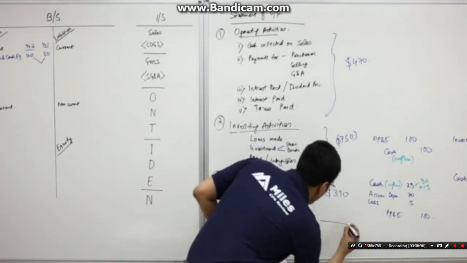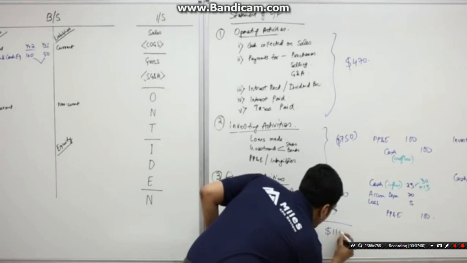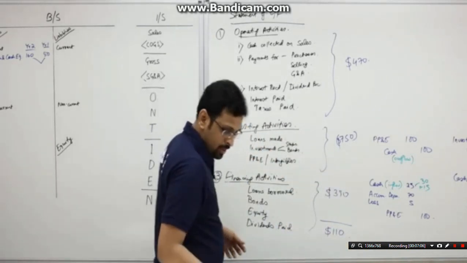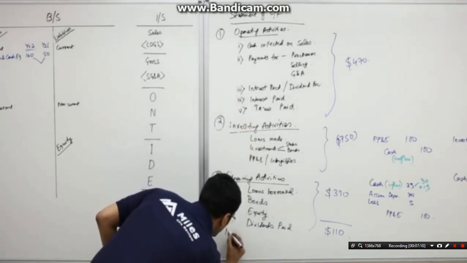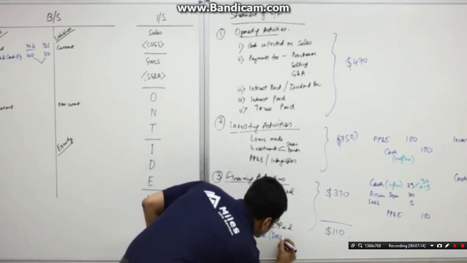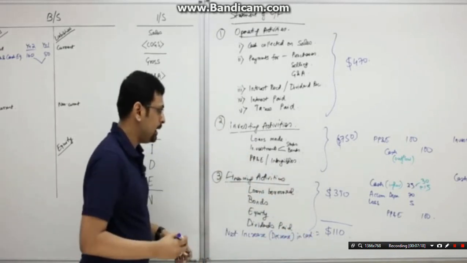Now guys, if I sum total all these three, it comes to net cash inflow of 110. So I could say the net increase or decrease in cash, that's 110.